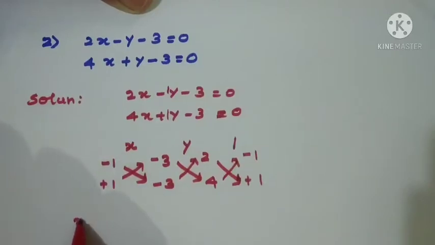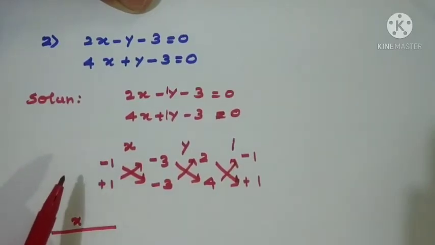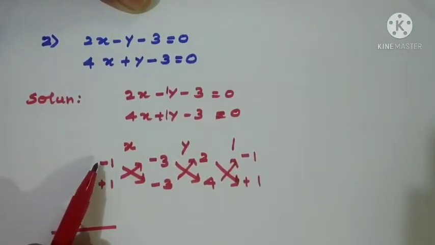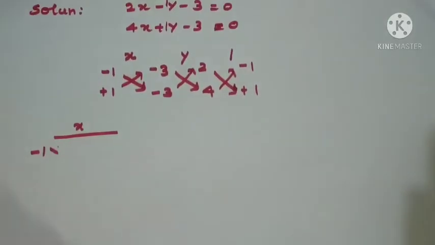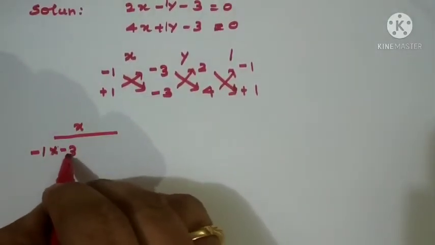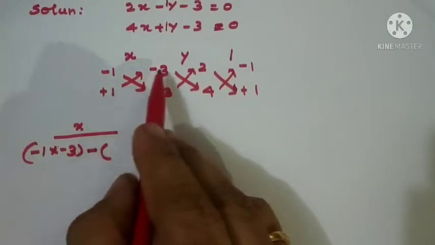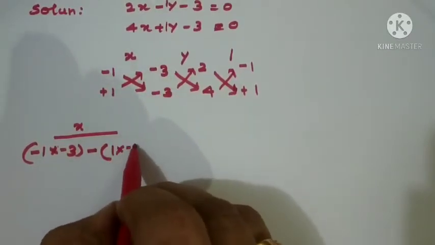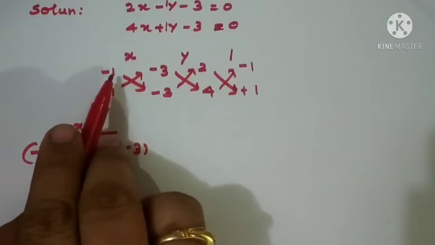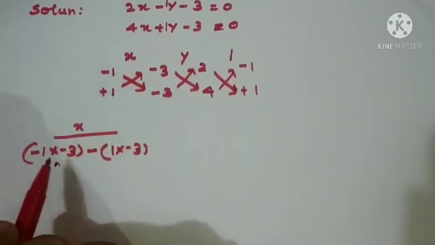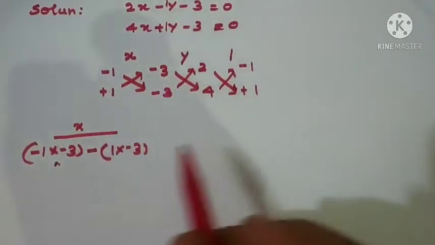I should write x divided by, we should start from left hand, −1 into −3. By formula, 1 into −3. Arrow mark also like this only, −1 into −3 to be multiplied, 1 into −3.